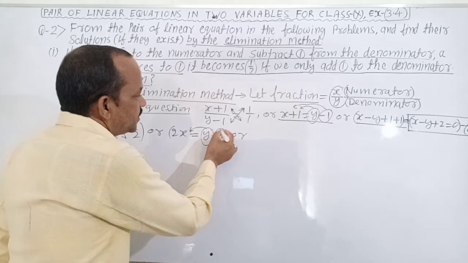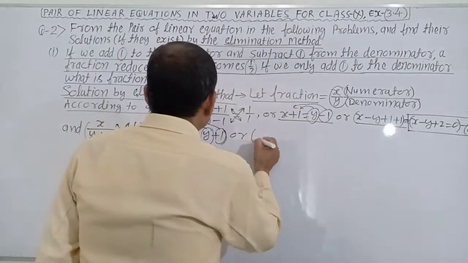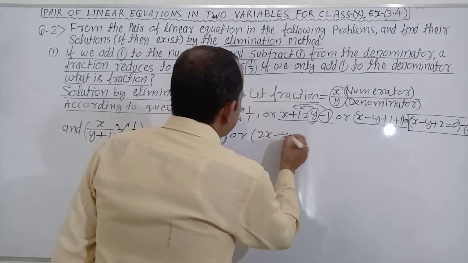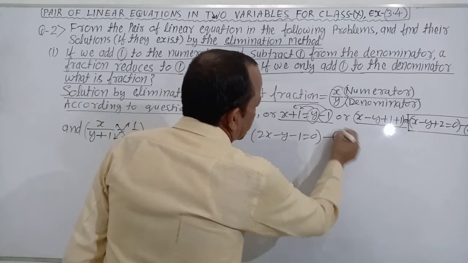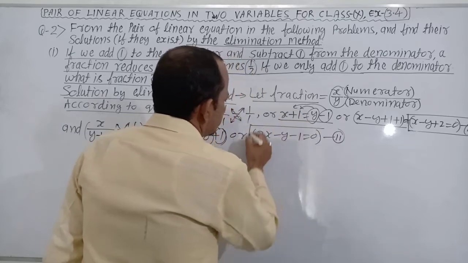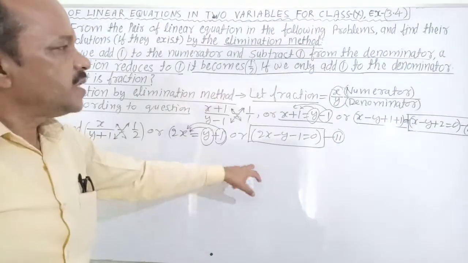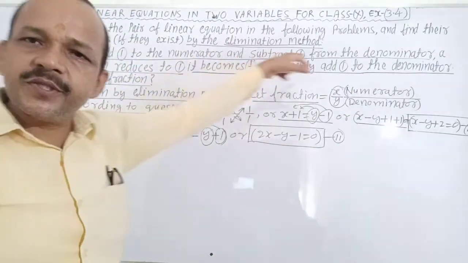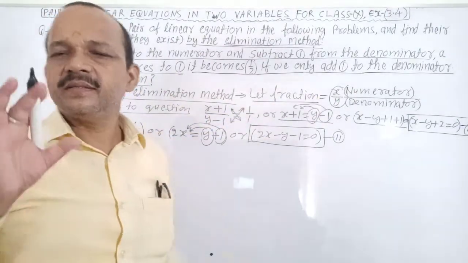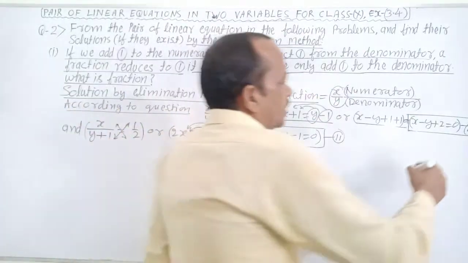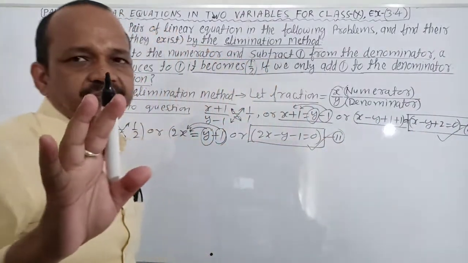Here plus 1, you write on the left side of the equal sign. Clear? It becomes 2x minus y minus 1 equal to 0. It is equation second. You find equation first and equation second. Equation first according to the first situation and equation second according to the second situation. Clear?